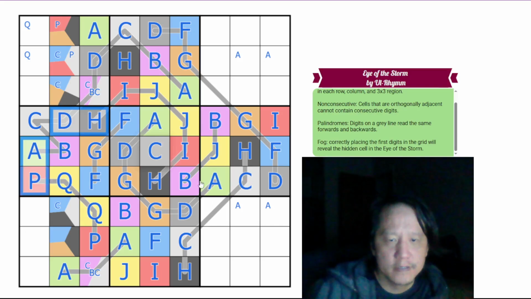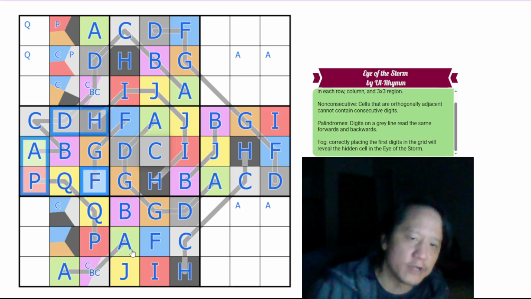Red. Okay, A, C, H, D. It's next to F. No D and H. It's not next to yellow. And it's not next to orange.